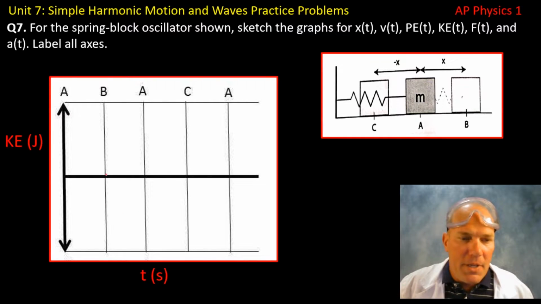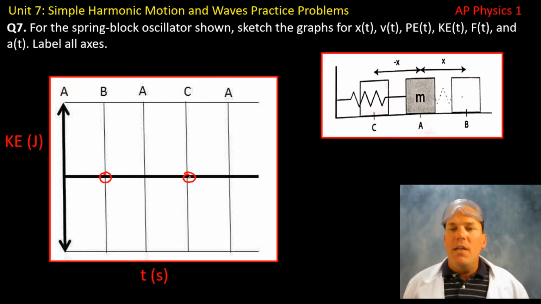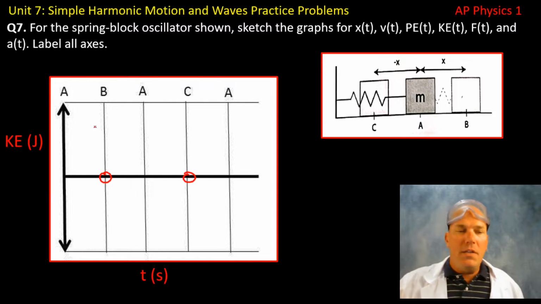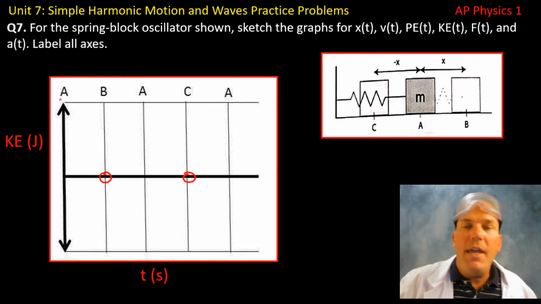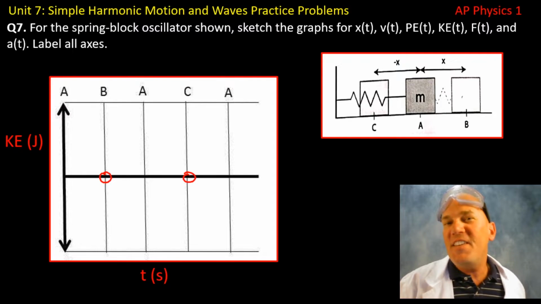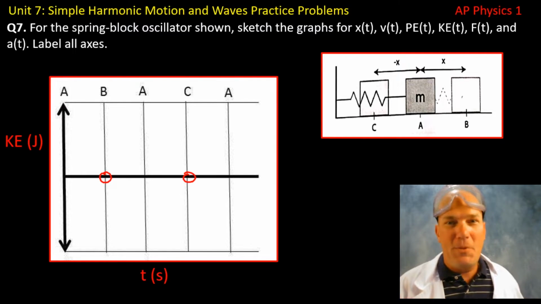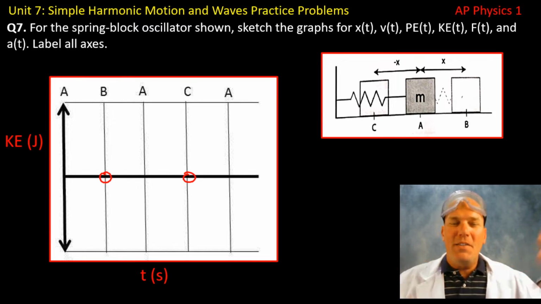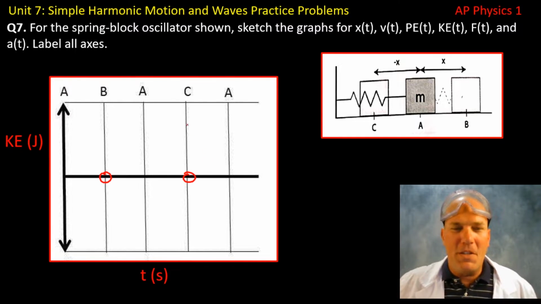So I should touch the 0 here at B and C, and A is maximum. Our values for velocity and 1/2 mv squared are squared, so everything is going to be above the origin here.